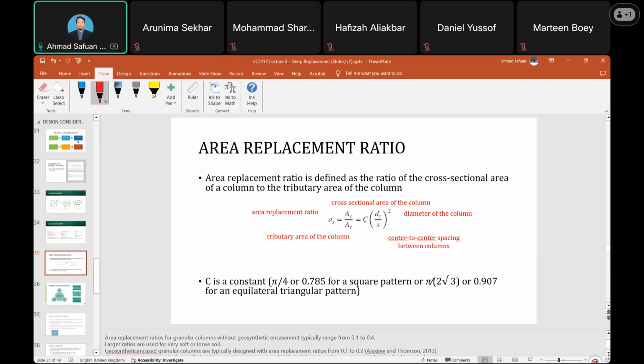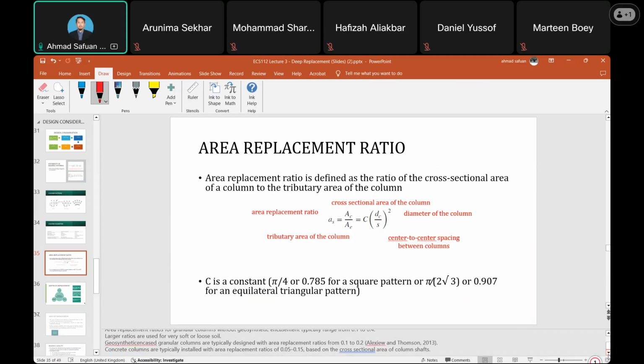For the common range of area replacement ratio, as I mentioned before, it ranges between 10 to 40%. Let's say if we use a geosynthetic encased granular column, the AS is around 10 to 20%. With the use of a concrete column, the AS is around 0.05 to 0.15, based on the cross-sectional area of the column shaft.